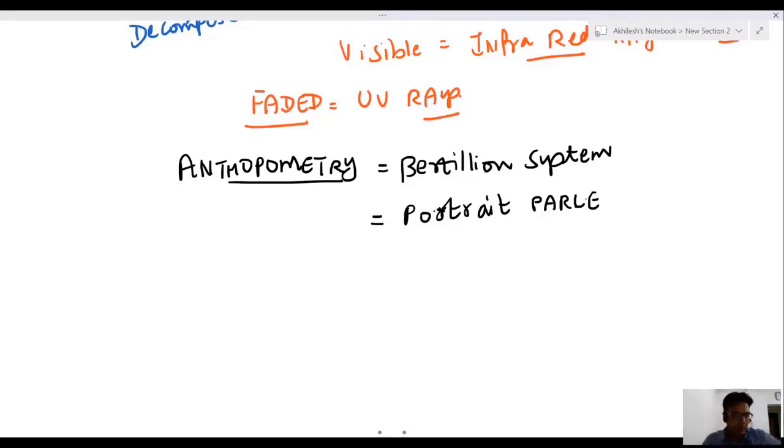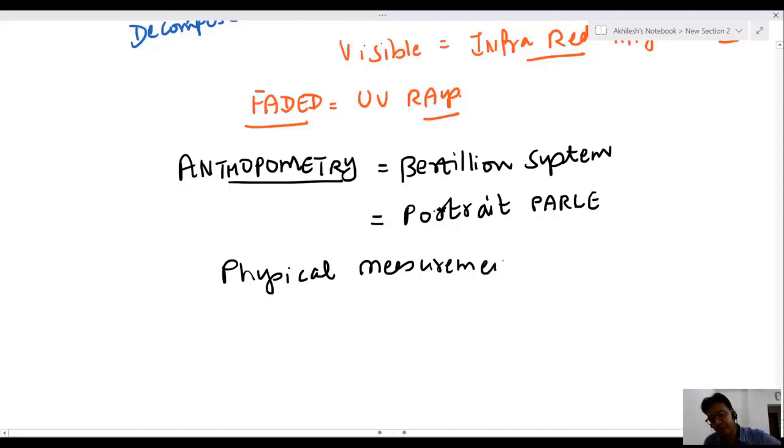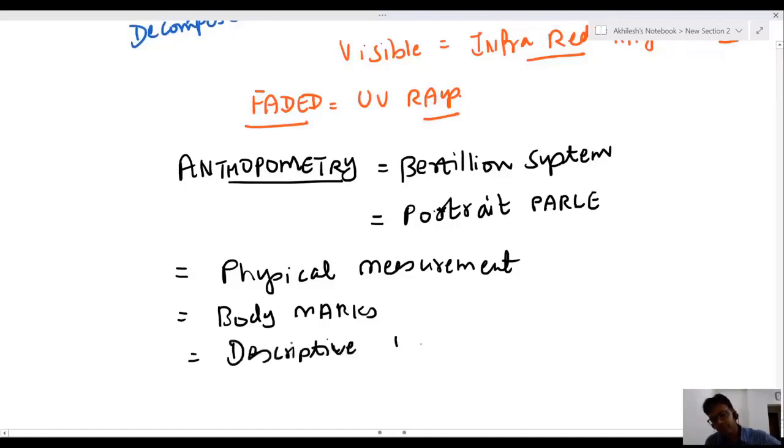Now, sir, how do we identify a person by anthropometry? It is based on physical measurement of a person: height, stature, body marks like scar, mole, tattoo, and descriptive data.